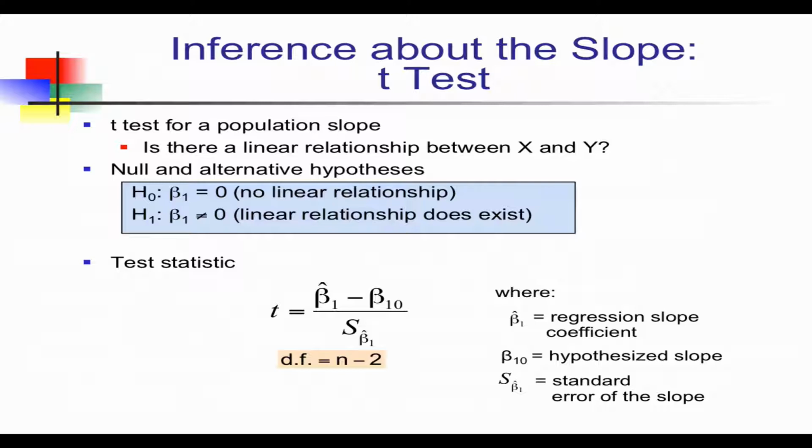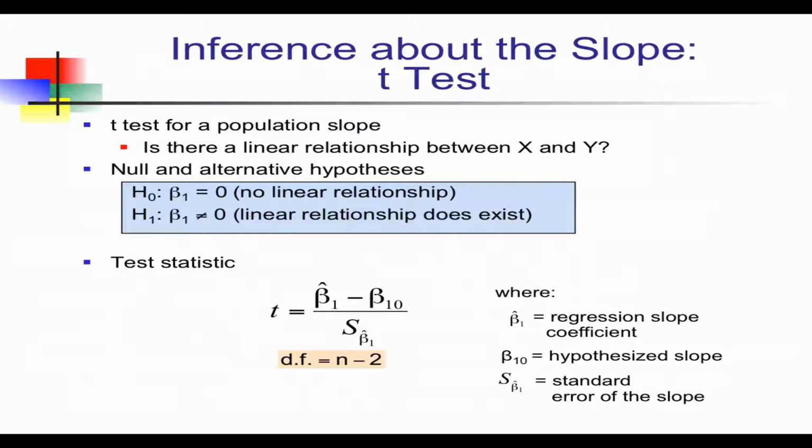And most of the time, the null value is 0, so this term disappears. And sometimes, you actually have the flexibility to test a non-zero null hypothesis.